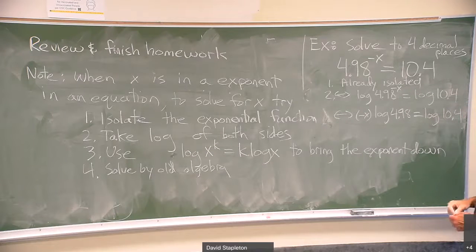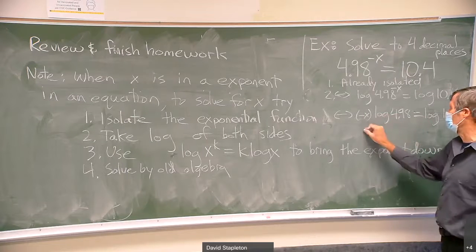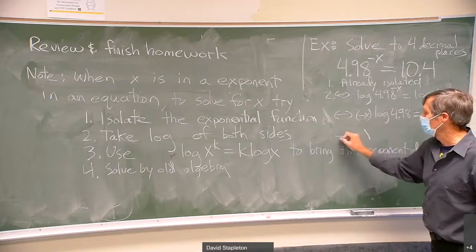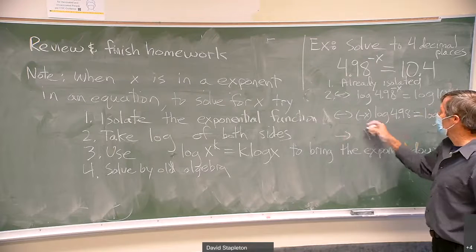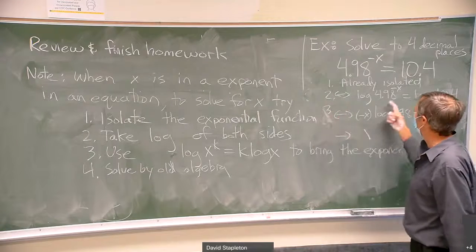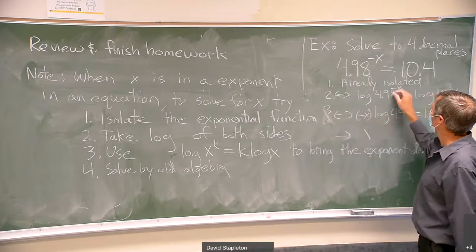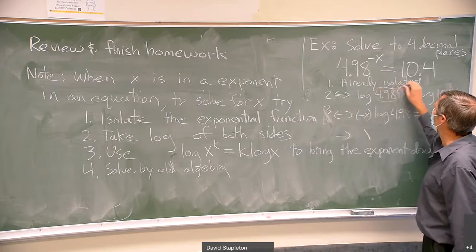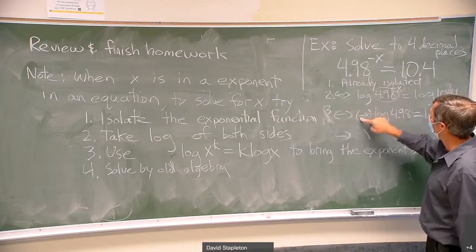See how to solve that? I just gave away the answer. This is just a number multiplying minus x. I can think of this whole thing as minus the logarithm multiplying x. So I'll divide by minus the logarithm and have x. So this was step 3, bring the exponent down. We're thinking of this as log of x to the k is k log x.